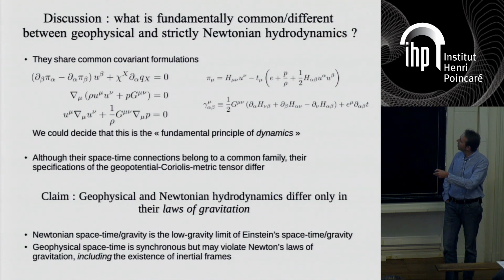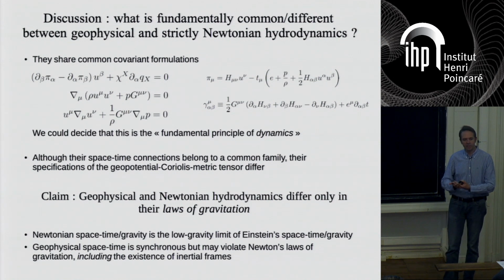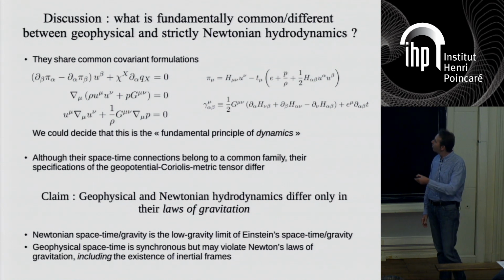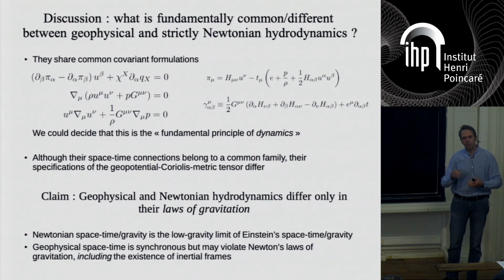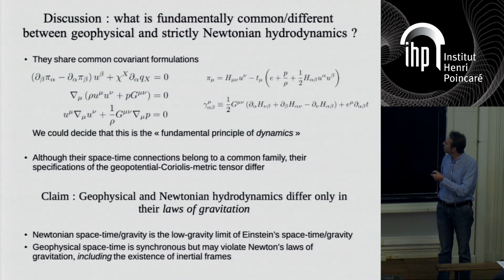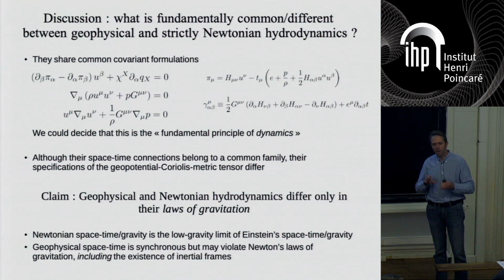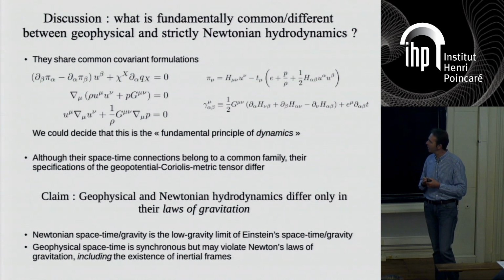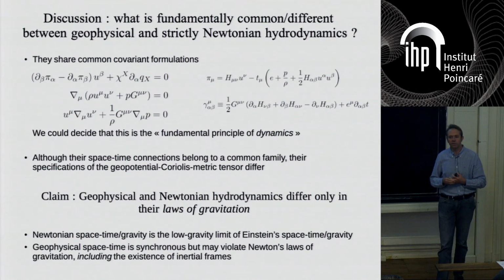Okay, so when we do geophysical models, we are still in a classical setting. The time is absolute. But we may violate slightly, because we do asymptotics, so we introduce small errors. We may violate slightly Newton's laws of gravity, understood here in a slightly wider sense than usual.